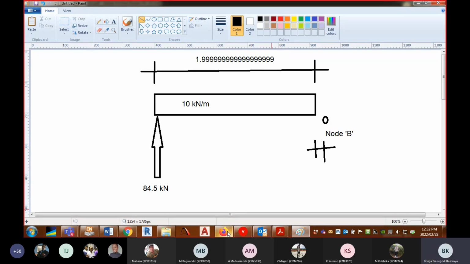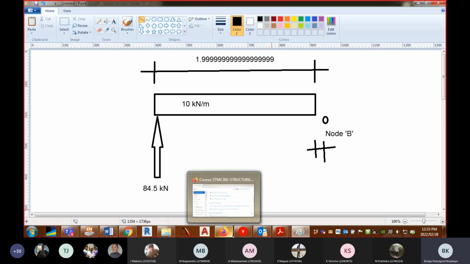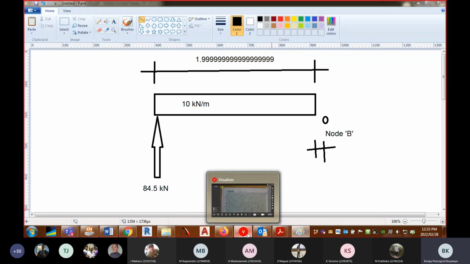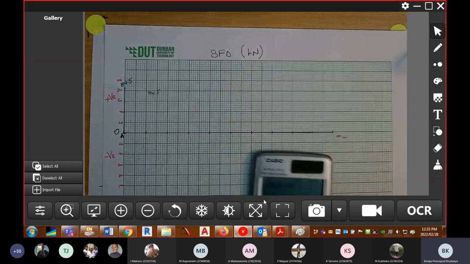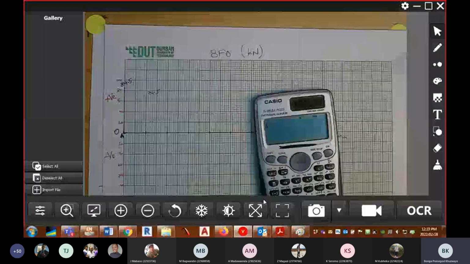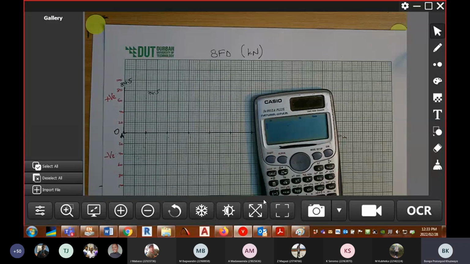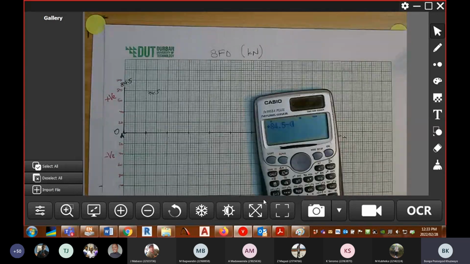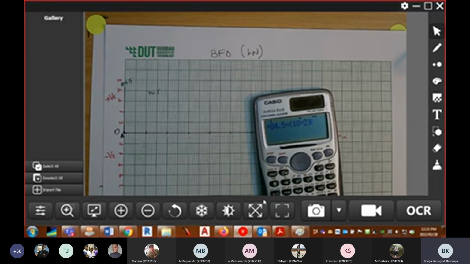When you do the actual calculation for this side, you're going to say plus 84.5 minus 10 times 2. You're going to write it as 2, not as 1.99999.